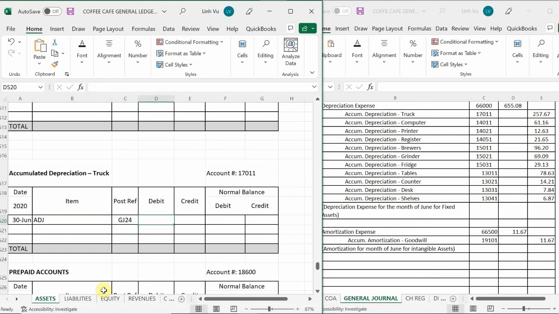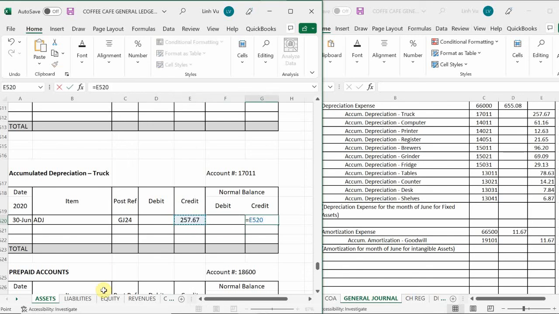It's already straightforward when you say amortization for the truck. You don't need to reveal anything other. Okay. This is a credit for $257.67.